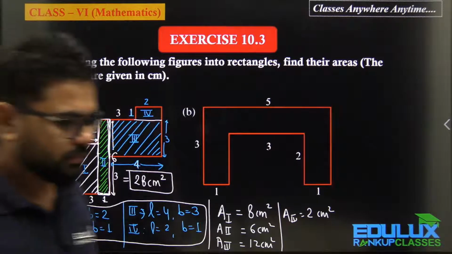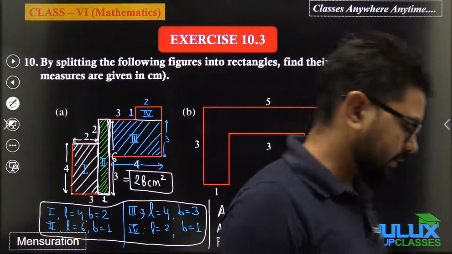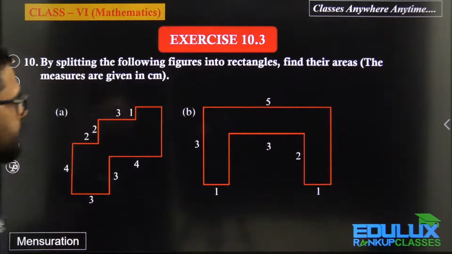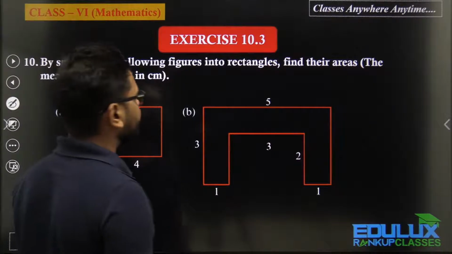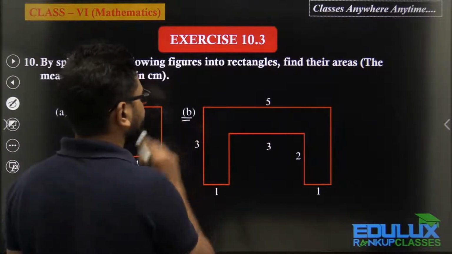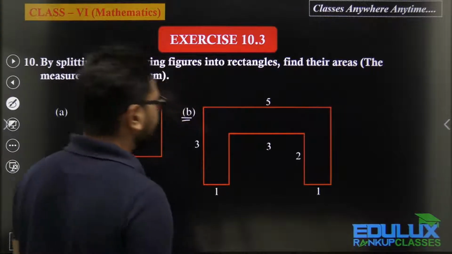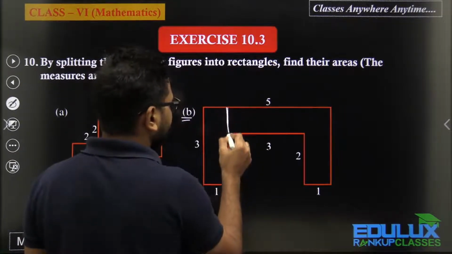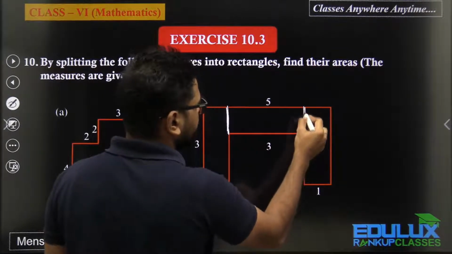Okay, so now I'm going to erase it. I hope you can understand that very well and might have noted this one. Okay, so let's find the area of the second figure that is given here. So what we can do here, we can simply make 2 rectangles, one by dividing it from here and one from dividing it from here, है ना?